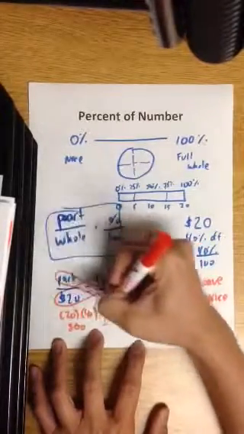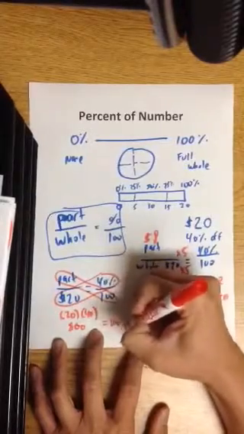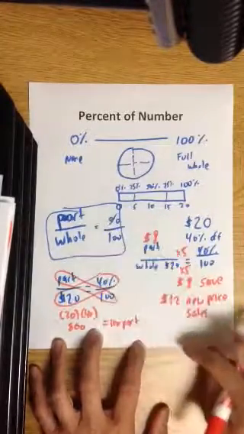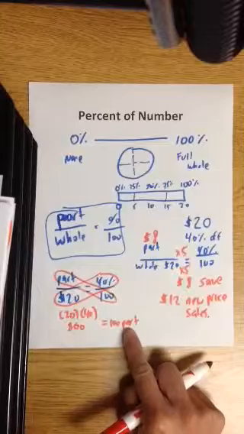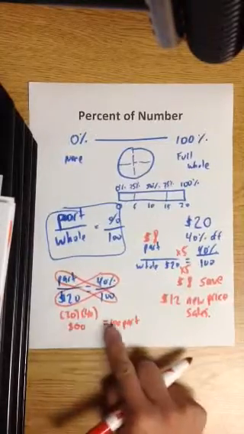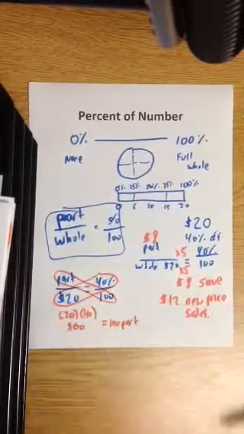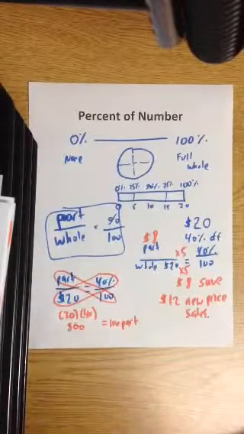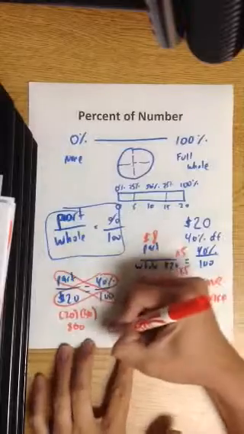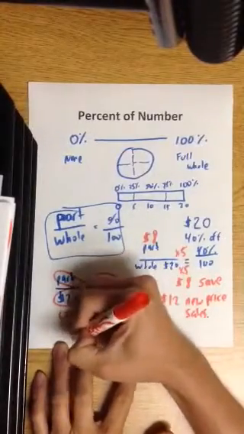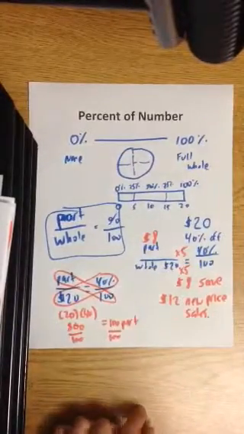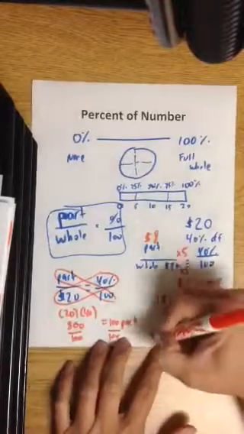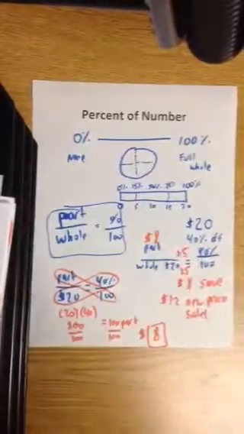Then 100 groups of the part make 800. Let's divide 800 by 100, which is 8. That's how much you save.